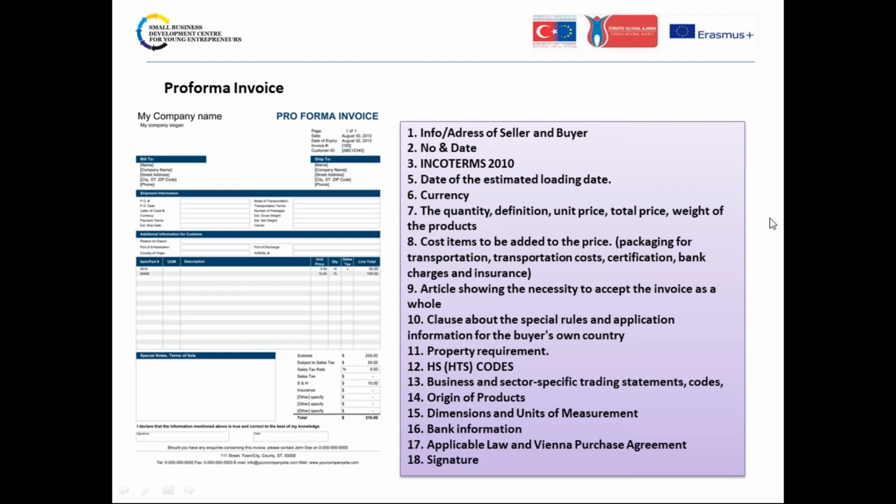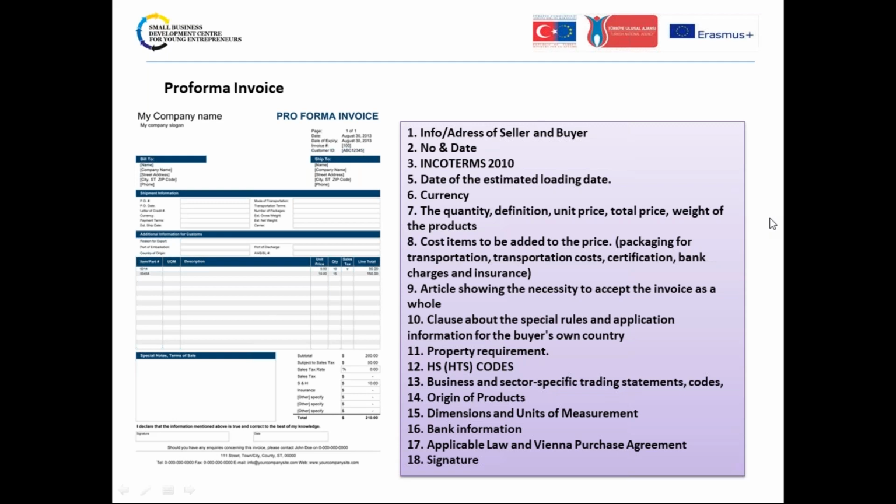So on the pro forma invoice, you need to indicate these details: the address and name of the seller and buyer, date, delivery type, loading date, currency, goods definition, quantity, price, weight, and all the costs. You can also put your special rules if you need, and you have to put the HS code.